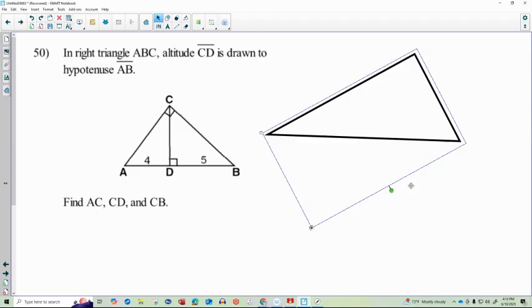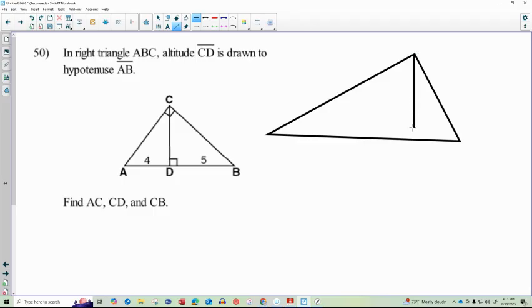And when I turn it upside down, I'm going to drop down what we call an altitude, right? Now, you might remember that if we looked at that big triangle before we turned it around, these were what we call legs, right?